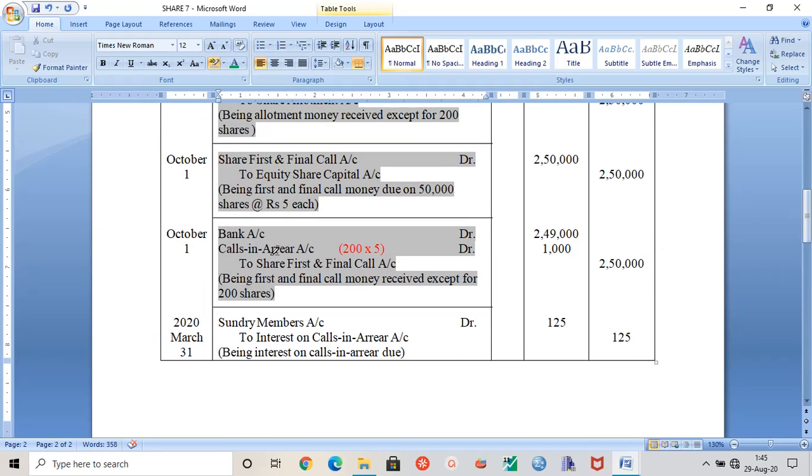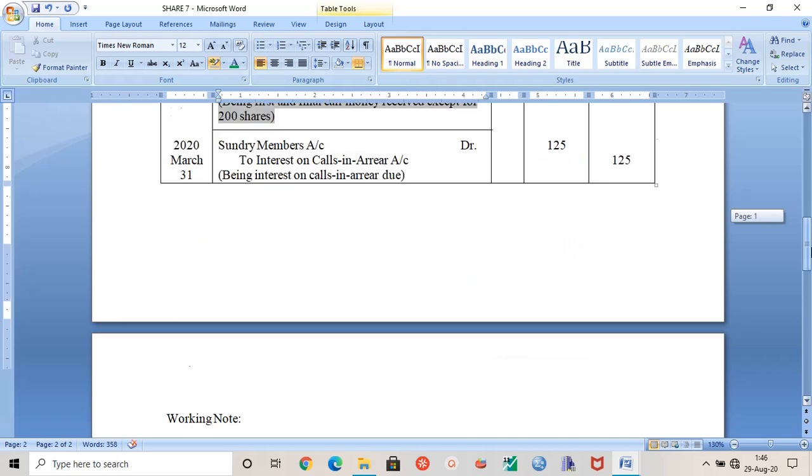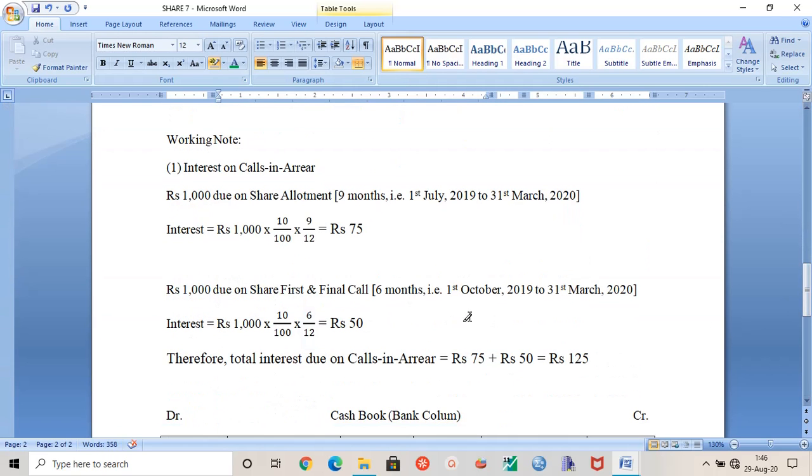The first and final call money was from 1st of October. It is for 6 months. So 1,000 into 10 by 100, because this is the rate of interest, and you have to consider the time factor also. So it will be 75 and 50 together, it will be 125.